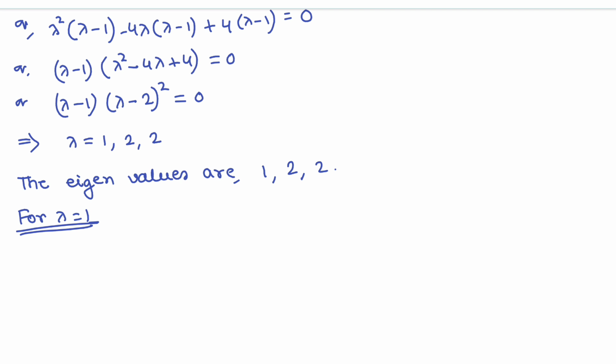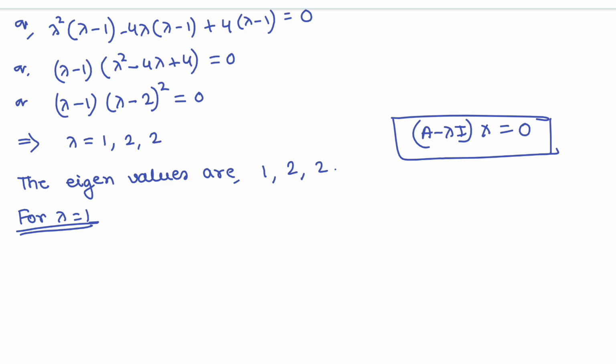The method is you have to calculate (A minus lambda I) into X equals 0. You have to solve this equation. Lambda means 1, so you have to solve (A minus 1 into I) into X equals 0. So what is A minus I? That means from your original matrix you have to subtract 1 from the diagonal elements.